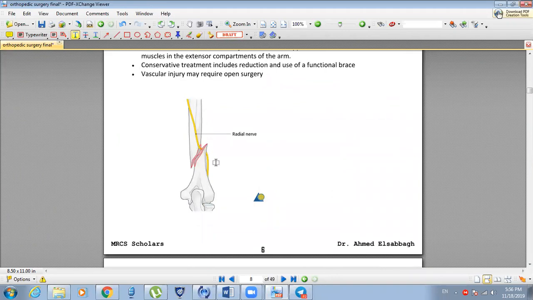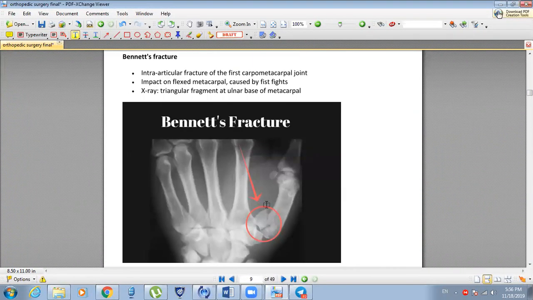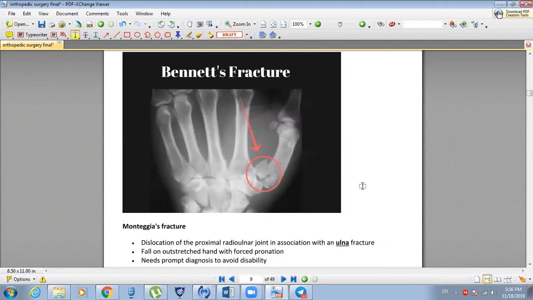Then Holstein-Lewis fracture, which is the distal third of the humerus and associated with radial nerve entrapment, and the Bennett fracture, which is a fracture in the base of the thumb, or the base of the first metacarpal.